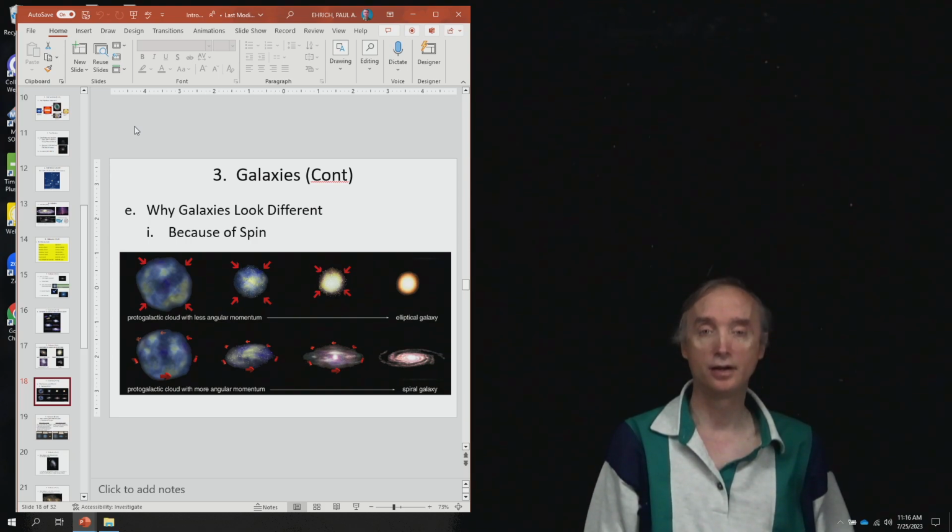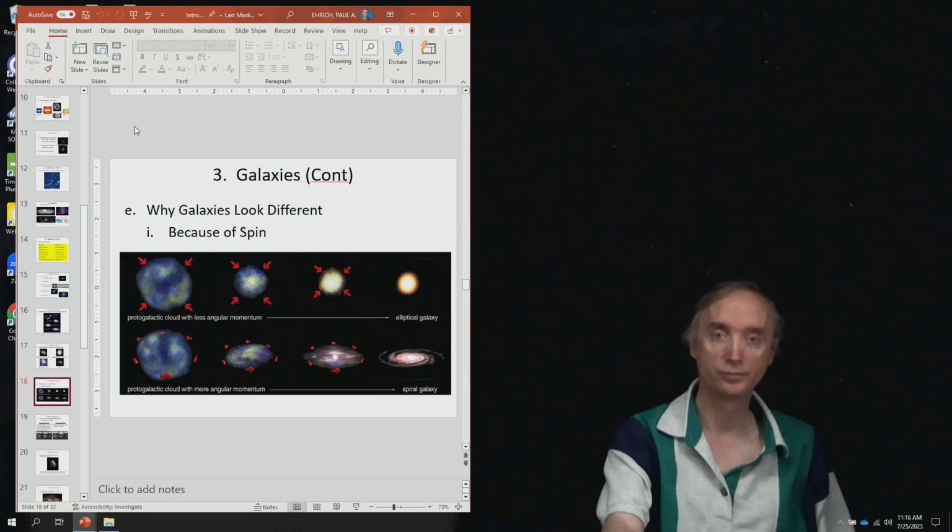If an initial galaxy is spinning slowly, it's going to tend to form a more spherical shape. If it is spinning faster, then as it collapses, it's going to spin even faster, and it's going to collapse into a disk the same way that a solar system does.